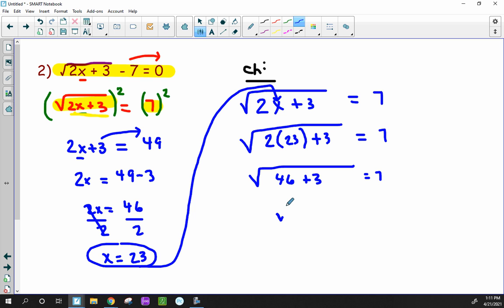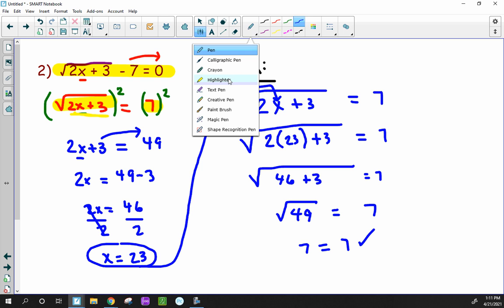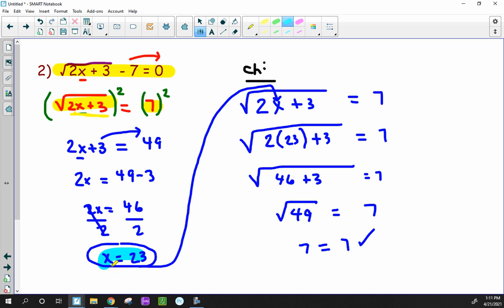Notice this looks similar to the last one, but it's pure coincidence here. The square root of 49, you have to simplify that. That becomes 7, and 7 does equal itself. And so the answer to this problem is 23.